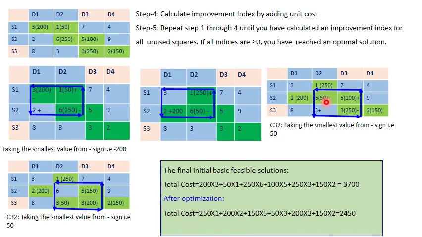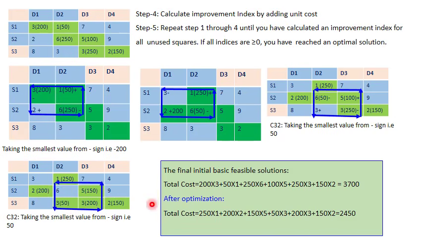We subtract 50 from 250, and the result is 200 here, and we add 50 to 100 here. The result is 150, and here we just subtract 50 and it becomes 0. And here it becomes 50, and the table looks like this. And this is the final optimal solution.